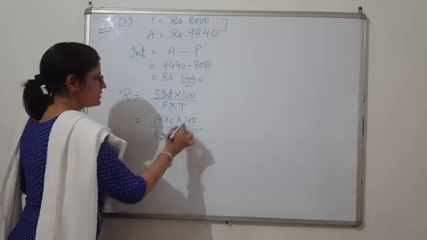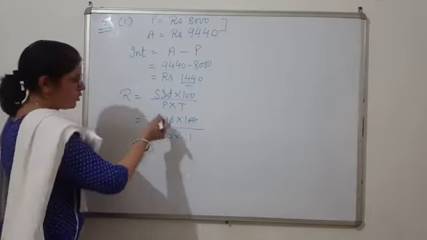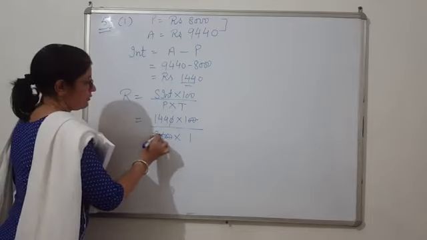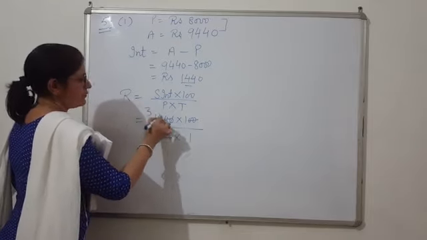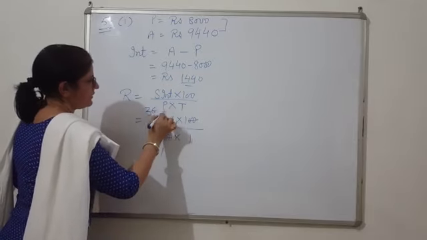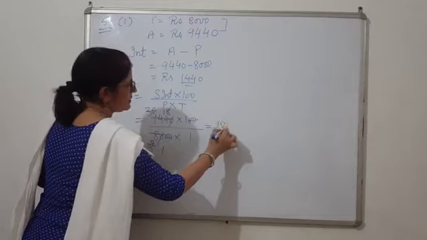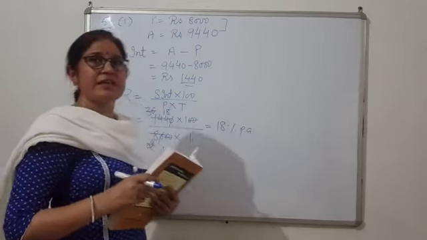So these 2 zeros cancel. This 0 cancels by 0. Now you can reduce. 4 2s are 8, 4 3s are 12, 4 6s are 24. And now we divide and we get 18%. So our rate is 18% per annum. So our first part is done.